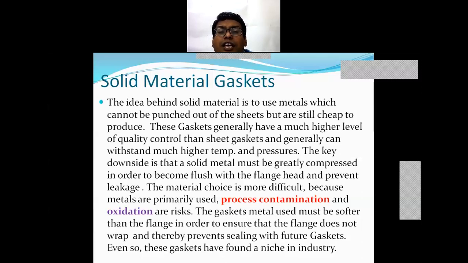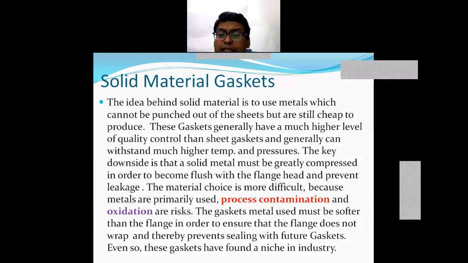The key downside is that a solid metal must be greatly compressed in order to become flush with the flange face and prevent leakage. The material choice is more difficult because metals are primarily used. Process contamination and process oxidation are at risk.